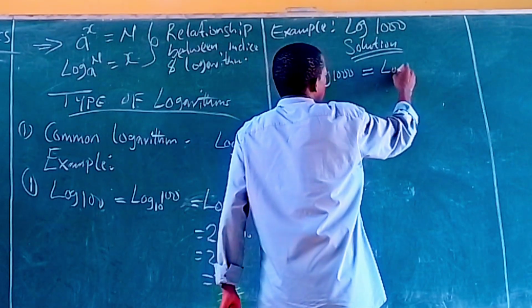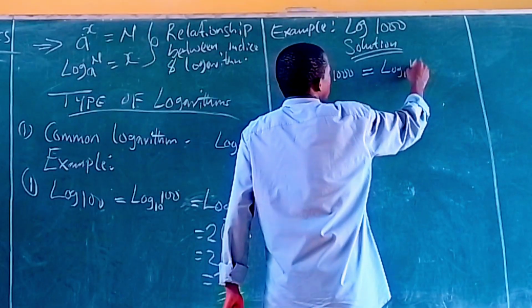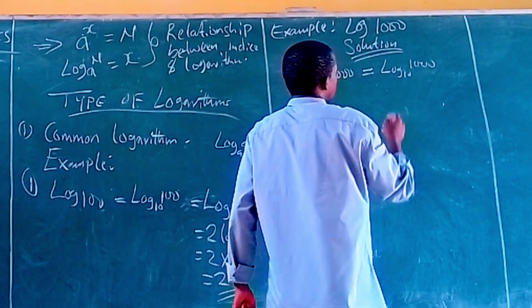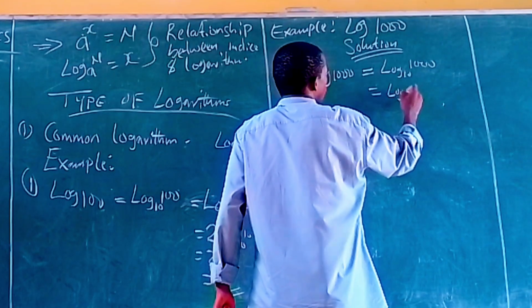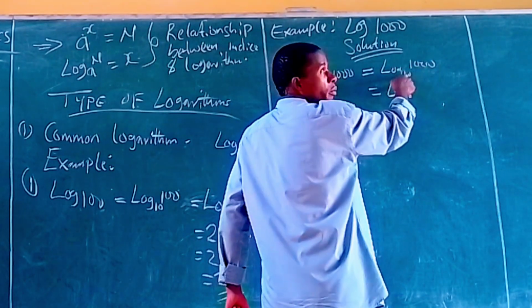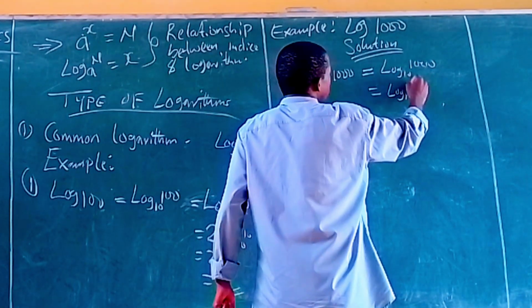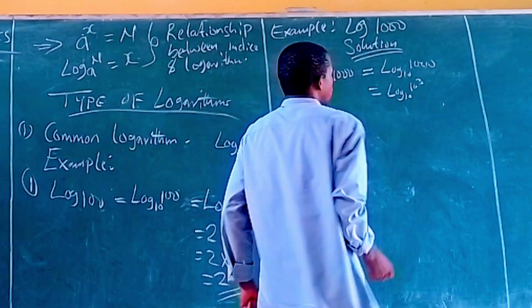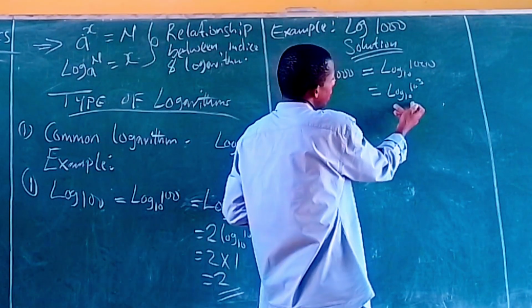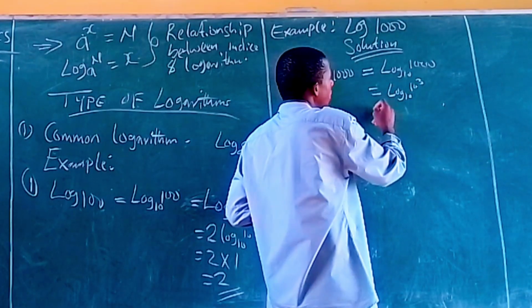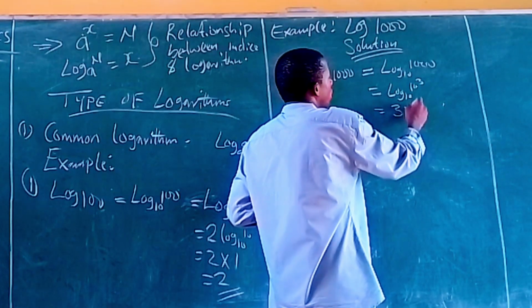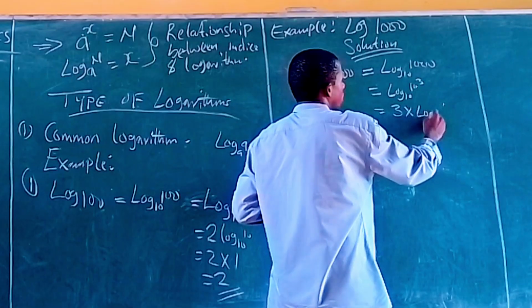This is log base 10 of 1000, right? Now this implies log base 10 of 10 to the power of 3, right? Now in the log, this is raised to a power, so the power will come down and multiply the log, right? 3 times log of 10.